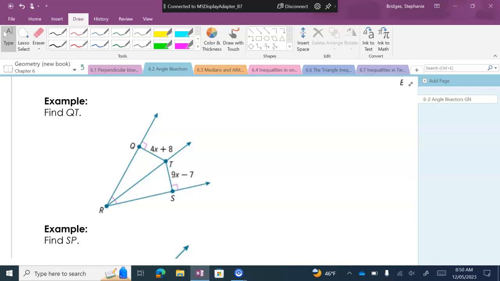They're congruent, which means this ray is the bisector, right? So then what could you tell me about the segment QT and the segment TS? Yep. Those two segments are going to be congruent. So in order to be able to find the length of QT, I'm going to set them equal to each other. I'm going to set that 4x plus 8 equal to the 9x plus 7.